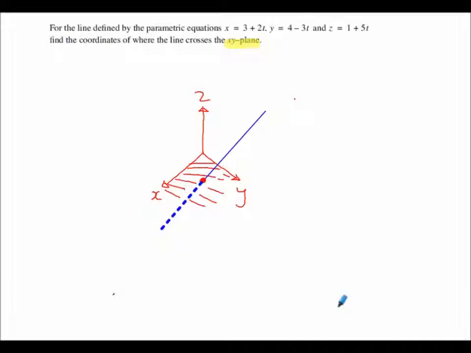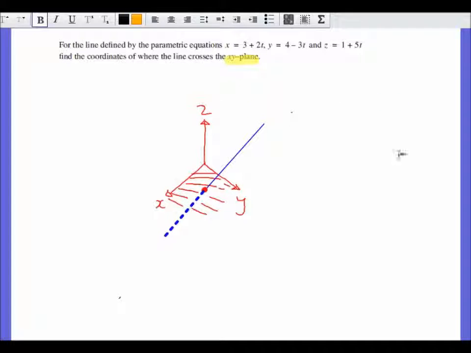Okay, so the important thing about the XY plane is something to do with what you know about the Z coordinate. The Z coordinate at the XY plane is equal to 0, and that's the really key thing.